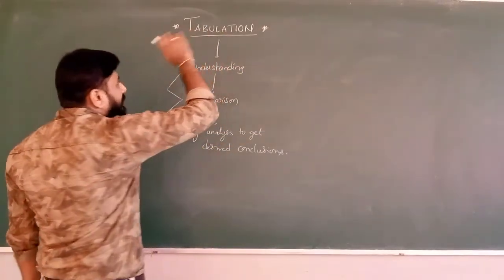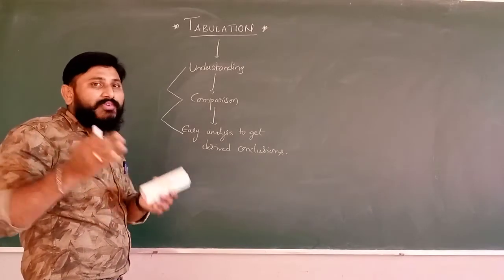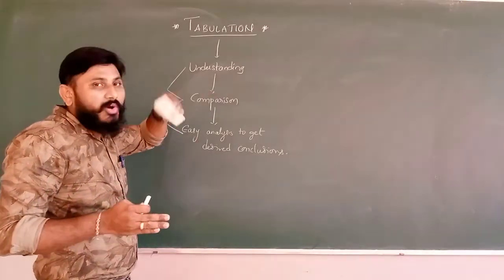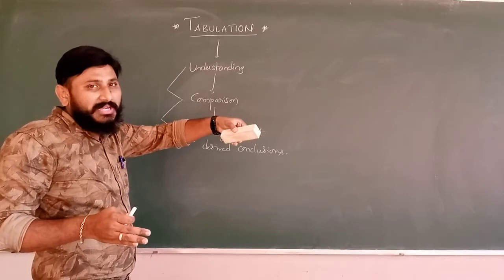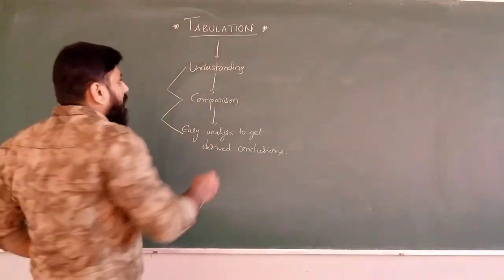Now classification and tabulation are not two separate things. The data which has been classified, if you arrange it systematically in the form of rows and columns, that itself is called tabulation. Now write down the definition.